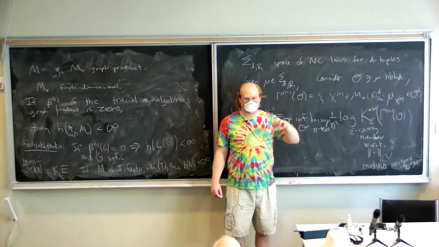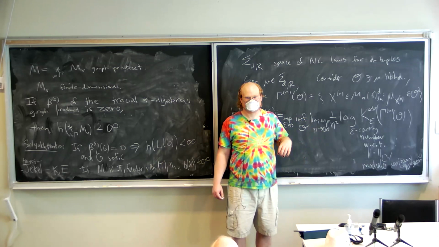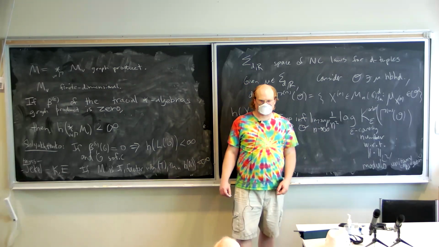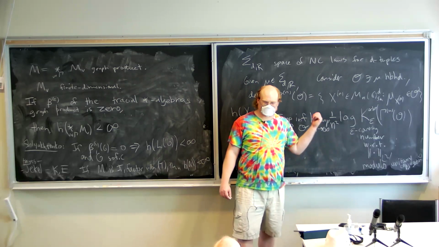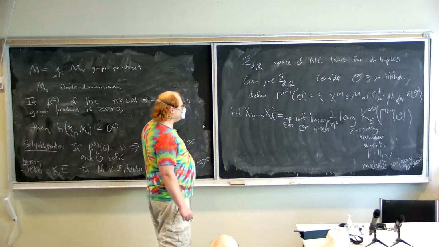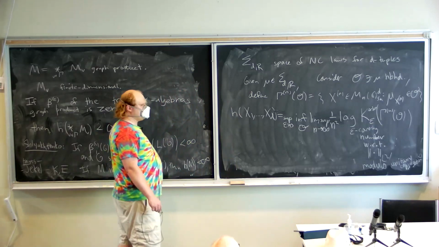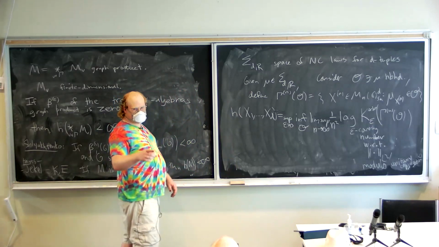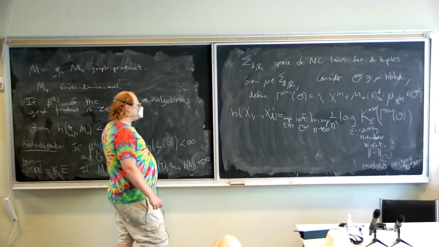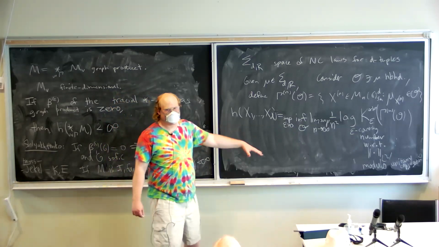This is how many things you need to cover the set. Okay, covering dimension. Yeah, covering dimension is based on such coverings. But here I don't care about the overlap. Just so I understand, is it like a covering dimension or is it like a volume? No, it's just a covering number.